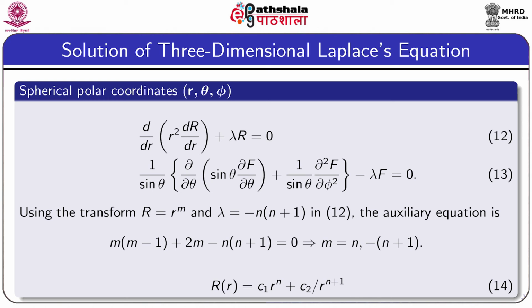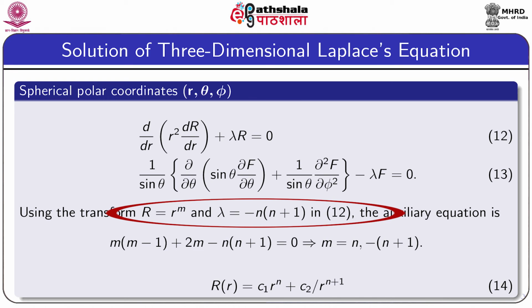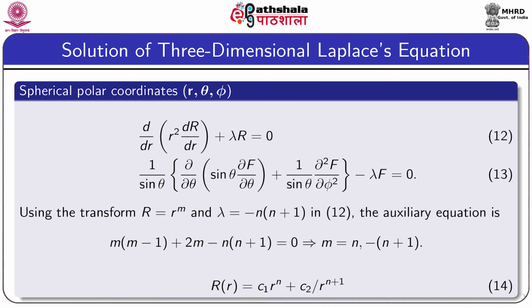This is the famous Cauchy-Euler equation. So, the solution of this equation can be assumed in the form capital R equals r to the power m, and this small m can be determined from the value of lambda.